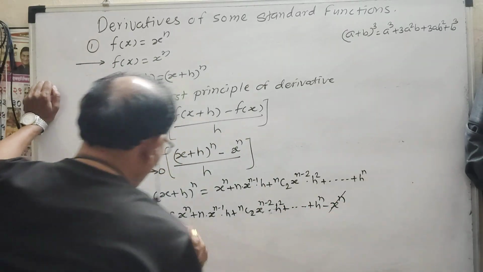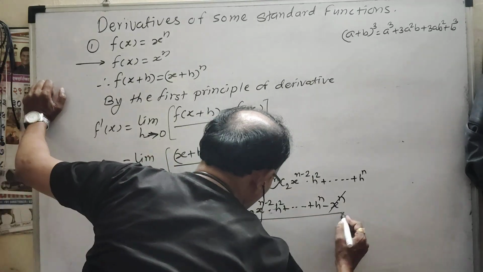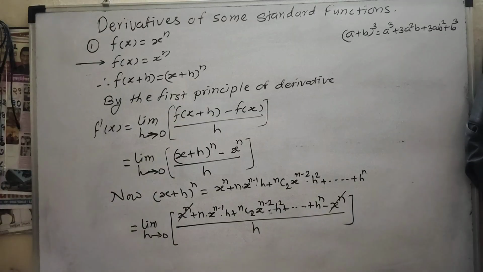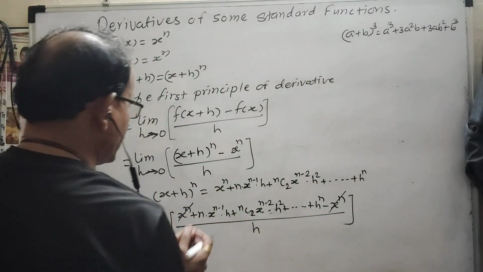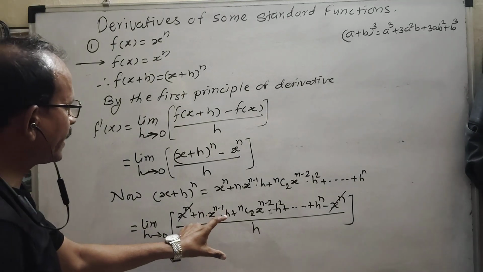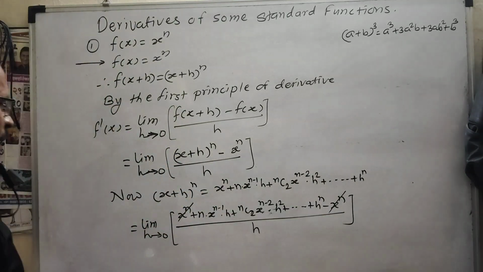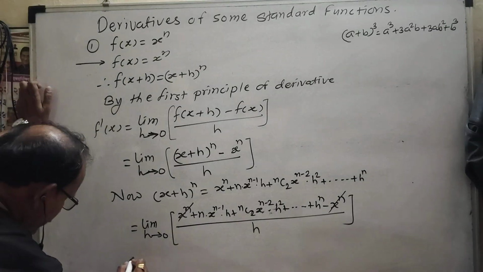This x raised to n plus minus gets cancelled, whole divided by h. Now each remaining term in the numerator has h. Take h common at first.